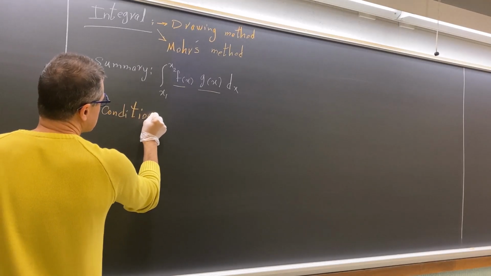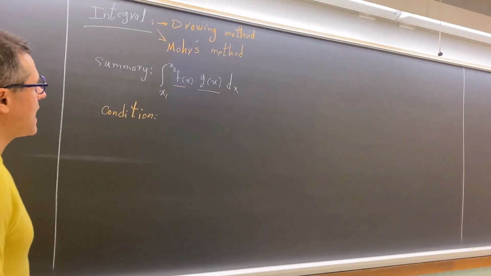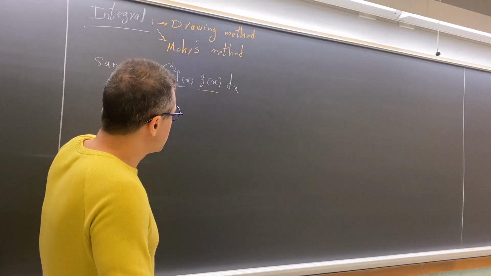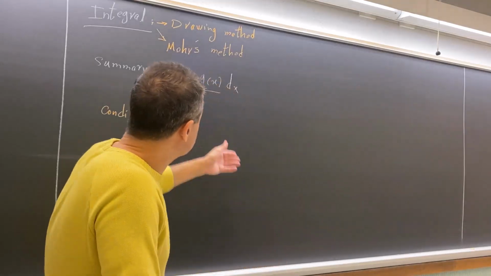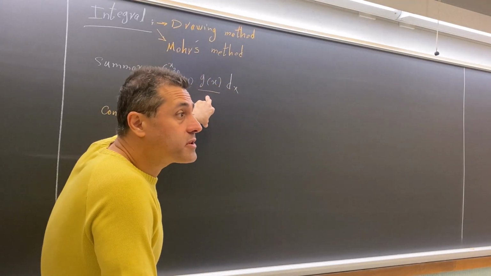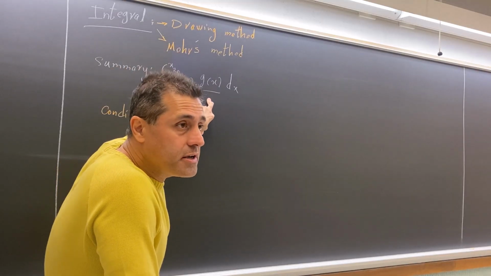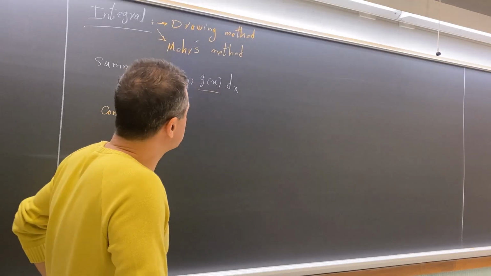in Moore's method, and it says that each of these functions has an order. For example, if g(x) is a parabolic function, the order is 2. You remember it from calculus. If g(x) is a cubic function, then the order is 3. If g(x) is a line, the order of the function is 1. So each function has an order.